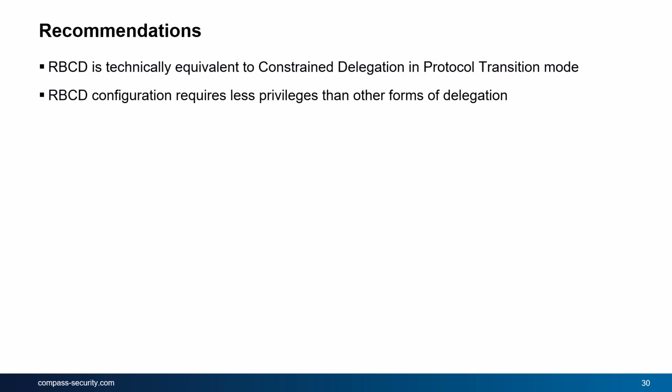So anyone that joins a computer to the domain or is local admin on a computer can configure that on the respective computer. So you might have many more occurrences of RBCD actually being configured by various users in your environment. The impact of abuse is, again, as with constraint delegation, limited to whatever the defined target systems are.